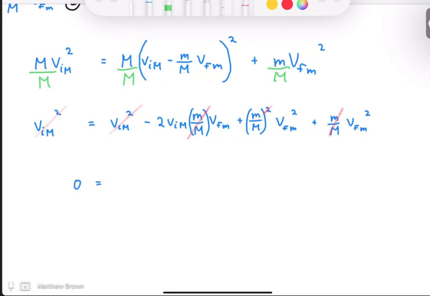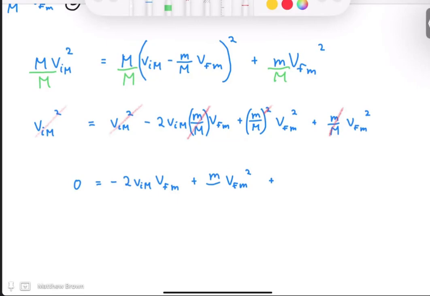I'll rewrite it just because it's getting a little bit messy. So that leaves me with minus 2 V initial of big M times V final of little m plus V final of little m squared. Oh, sorry, that's the one where I actually needed it.